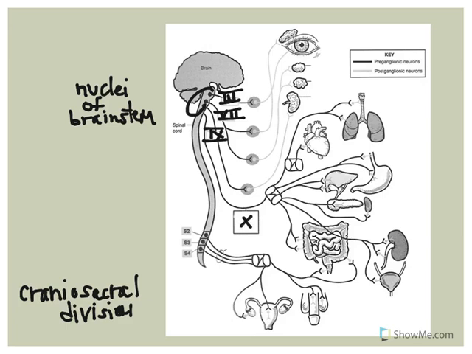So 3 is your oculomotor, 7 is facial, 9 is glossopharyngeal, and 10 is the vagus. But that's your cranial portion of that craniosacral division.